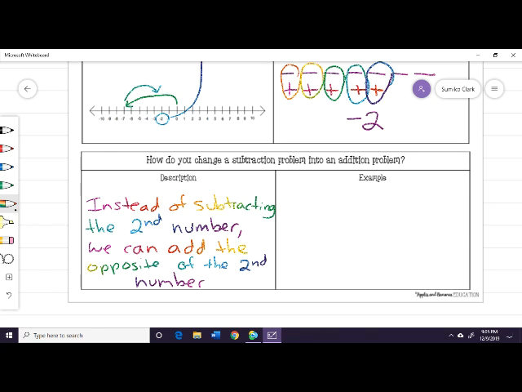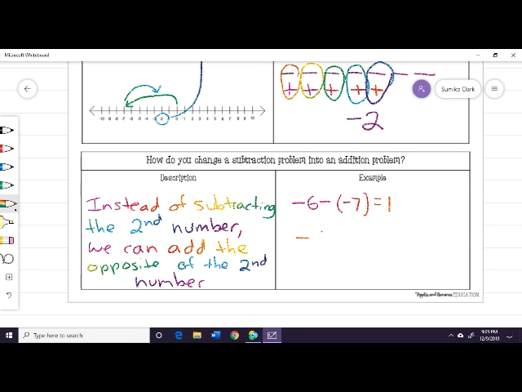Okay, so what this looks like is if we have -6 minus -7 equals 1, we can change this subtraction problem into an addition problem by adding the opposite of the second number.